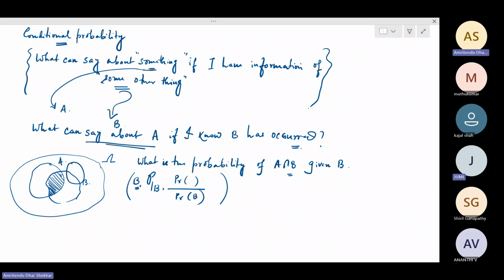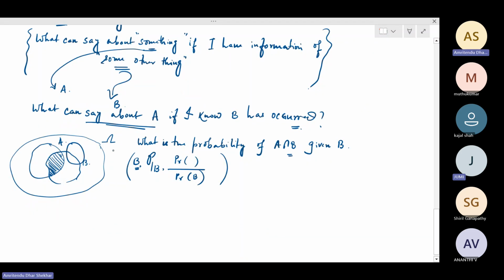So essentially, any event A prime which does not intersect with B is a null set in this sigma algebra.